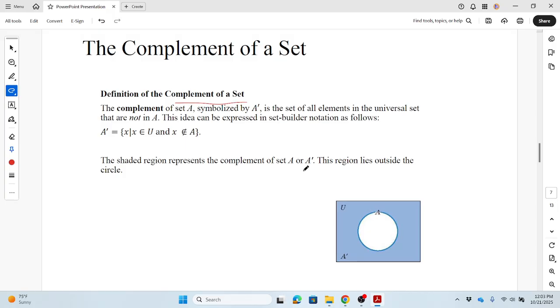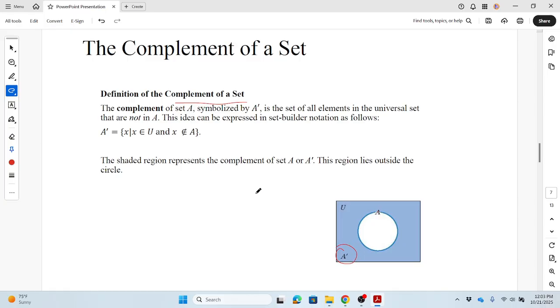Complement of a set. If you have a set that is a proper subset of the universal set, then anything outside that set can be used to create another set that's called the complement.